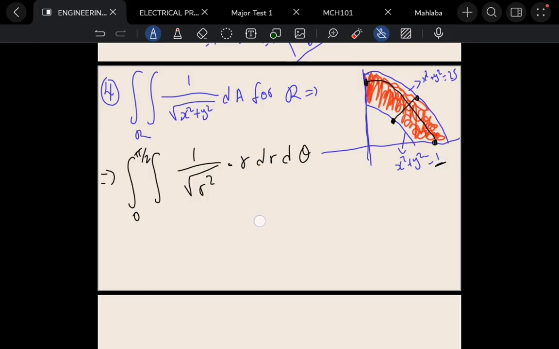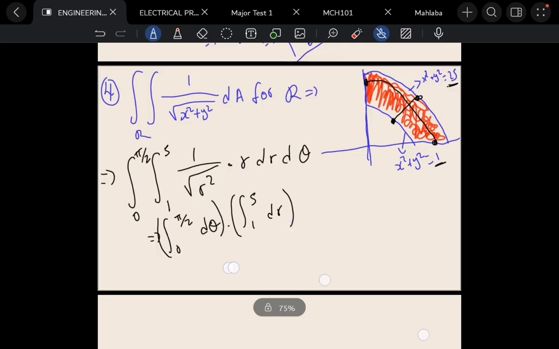The square root of this number, which is 1, and the r which is there is the square root of that number, which is 5. And then integrate this: d theta times 1 dr. So it's pi over 2 times 5 minus 1, which is 2 pi.